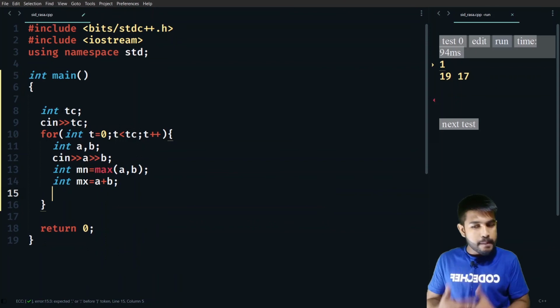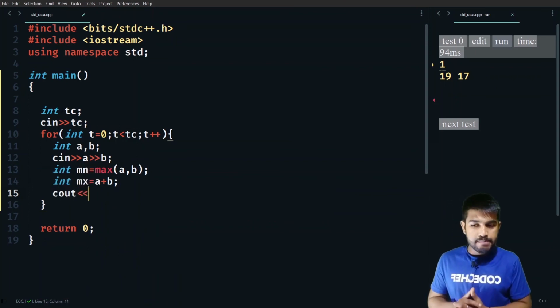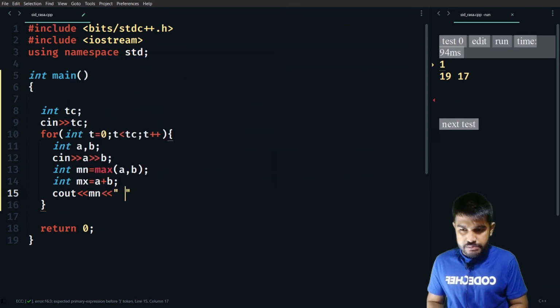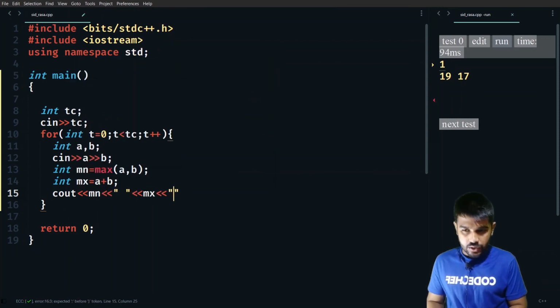Then we would print with cout the minimum mn, space separated, and then mx with an endline.